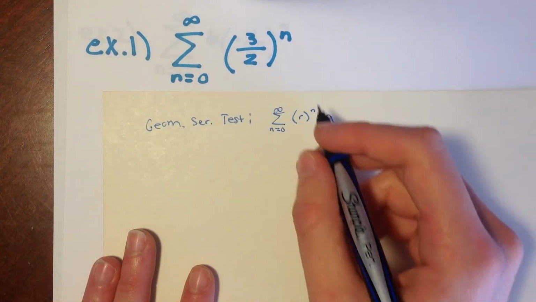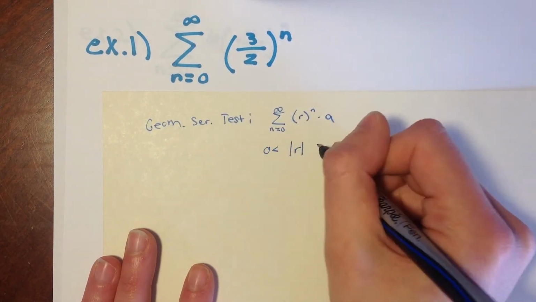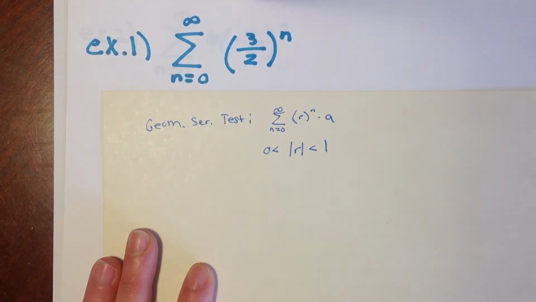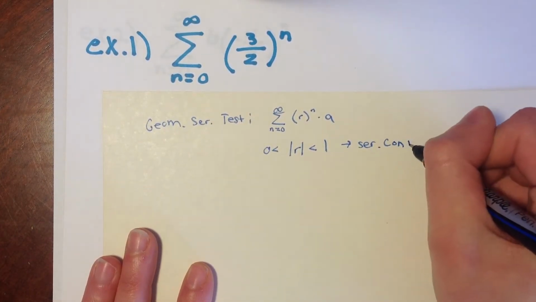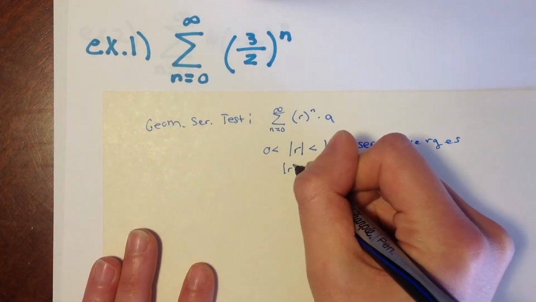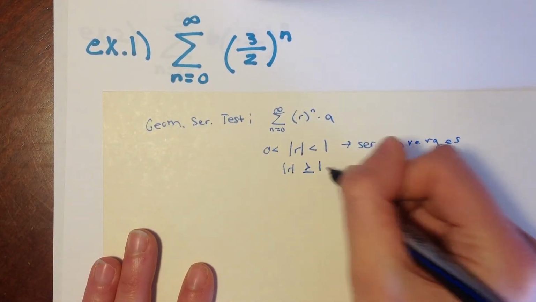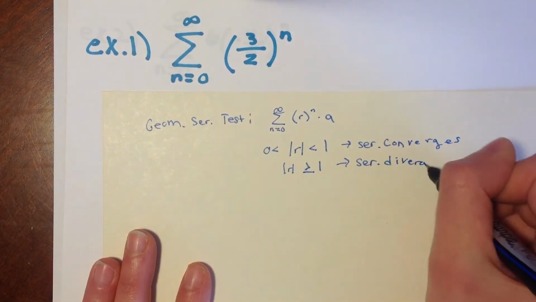So what the test says is that if you take the absolute value of r, and if the absolute value of r is between 0 and 1, your series converges. Now, if the absolute value of r is greater than or equal to 1, that means that the series diverges.